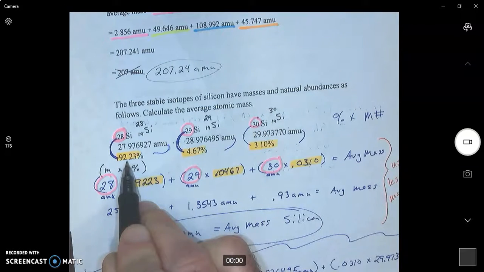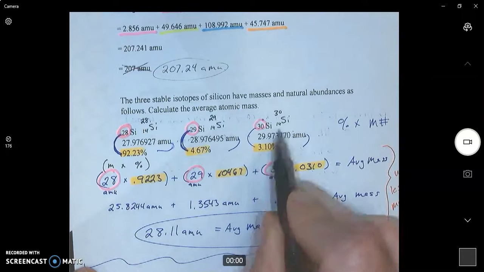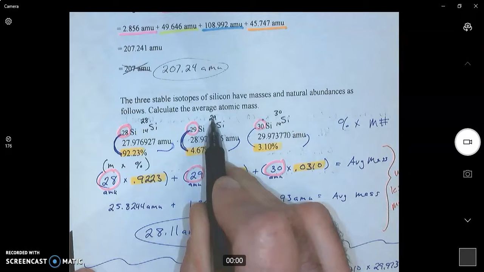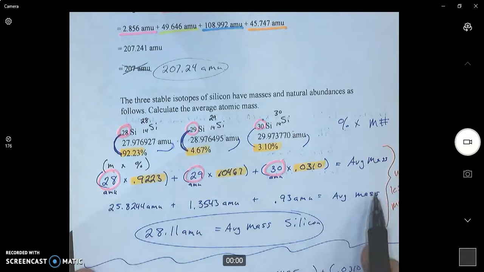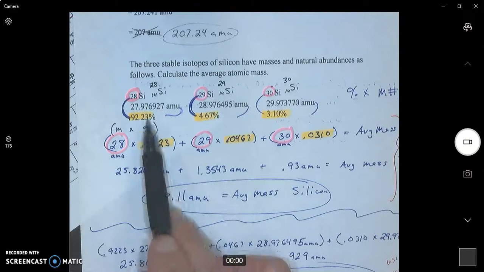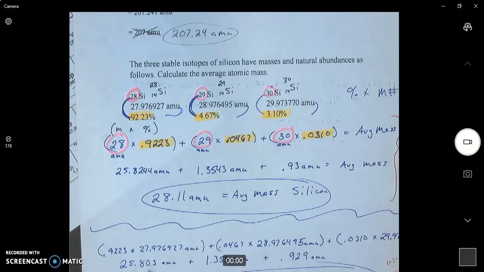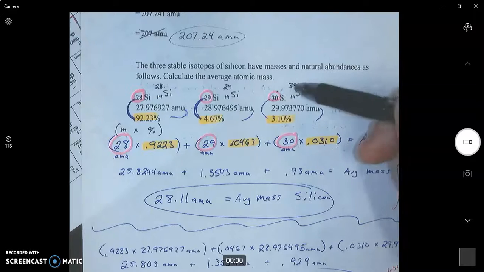And then you have the percent abundances. You would take the percent abundance times the mass, percent abundance times the mass, percent abundance times the mass, and then add those all together. Once you get that, you'll get your mass from the table. And whether you use the big long numbers for the masses or you use the shorter numbers for the masses, you end up with a 2/100th difference. So using the mass numbers is sufficient for this.